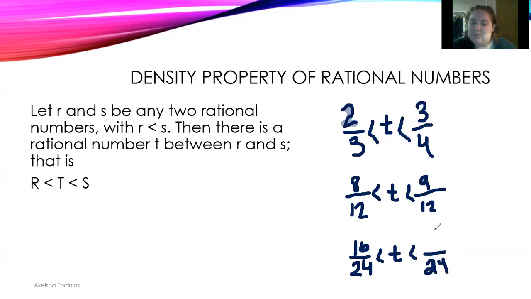And 9 times 2 is going to be 18. And it's so much easier to see a T now, huh? So T equals 17 over 24. And 16/24 is less than 17/24? Yes. And then 17/24 is less than 18/24? Double yes. We hit the jackpot on this one.